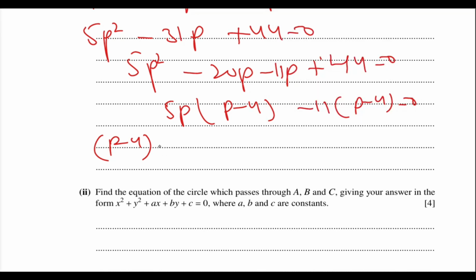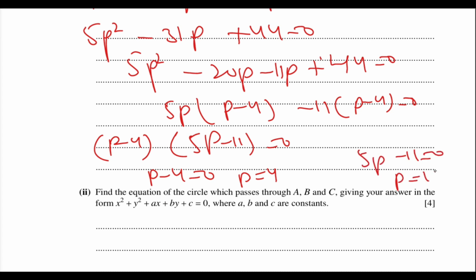So it will give us (p minus 4)(5p minus 11) equals 0. So p will be equal to 4, and the second time 5p minus 11 equals 0, so p will be equal to 11 over 5. This is not the correct answer because we are told to get an integer value. So p equal to 4 is our integer value.